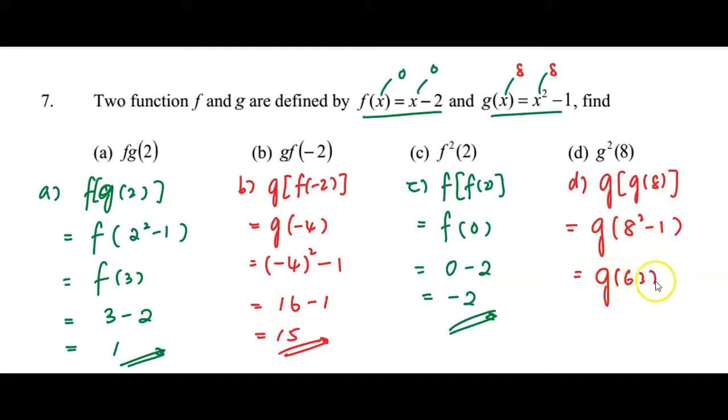Now you need to find g63. Putting 63 into the x, you get 3969, and you need to minus 1, so finally you will get 3968.